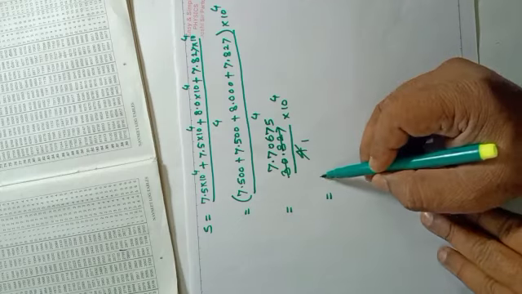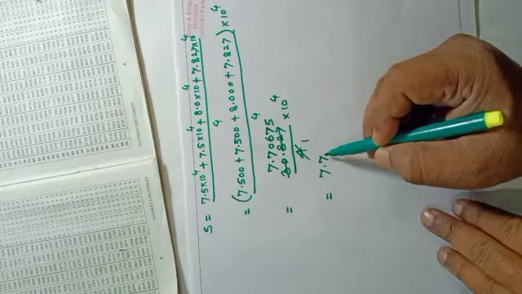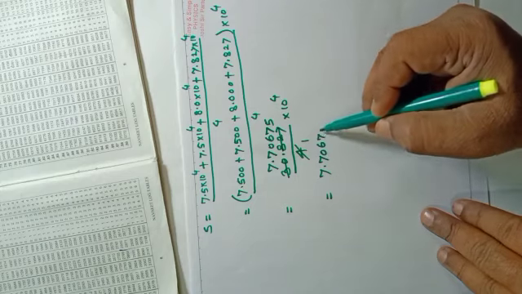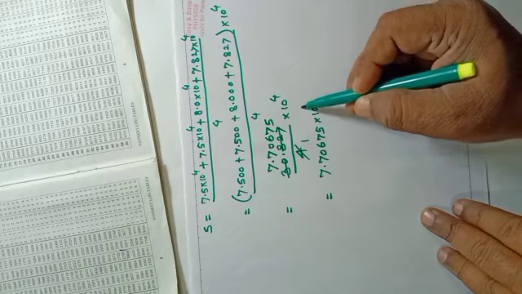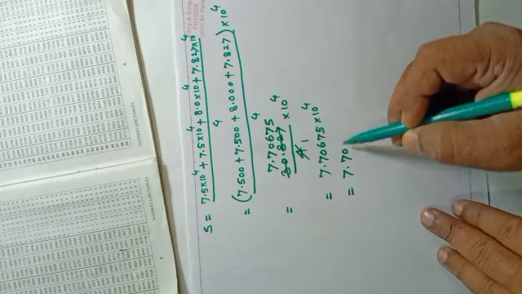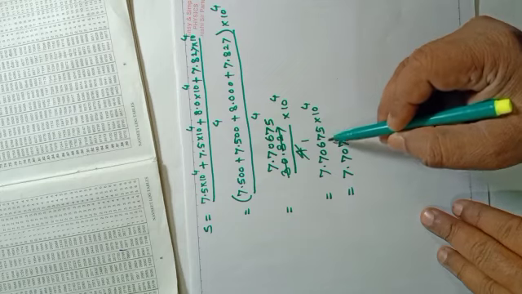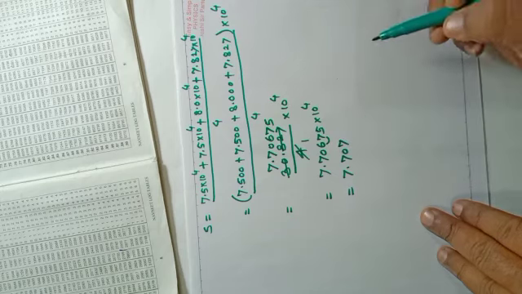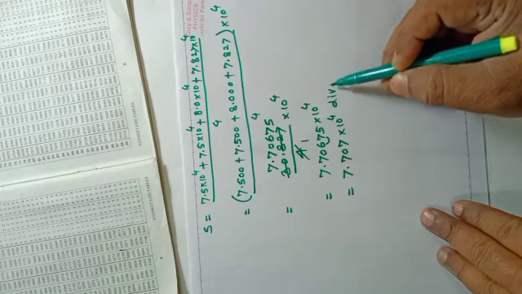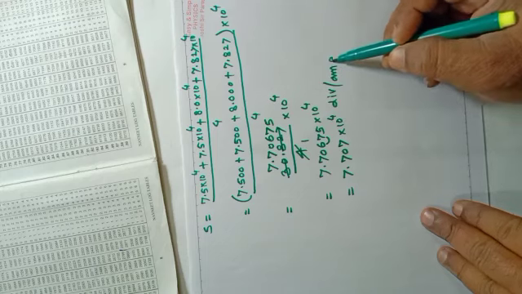So answer will be 7.70675 into 10 to the power 4, or 7.707, because greater value will be there, into 10 to the power 4 division per ampere.